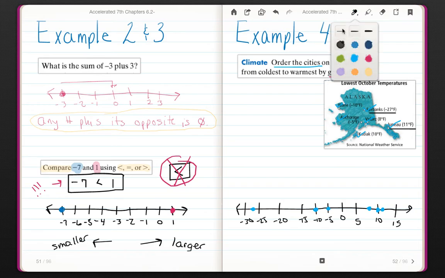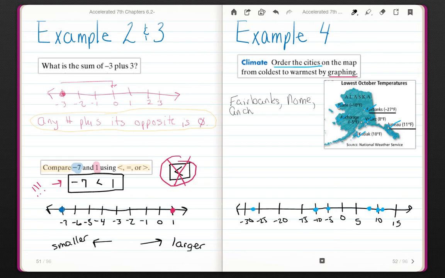So my actual answer is going to be Fairbanks, and then let's see, we had -10 degrees next, which was Nome, and then next was -5 degrees, which was Anchorage, and after that was 8 degrees, which was Valdez.